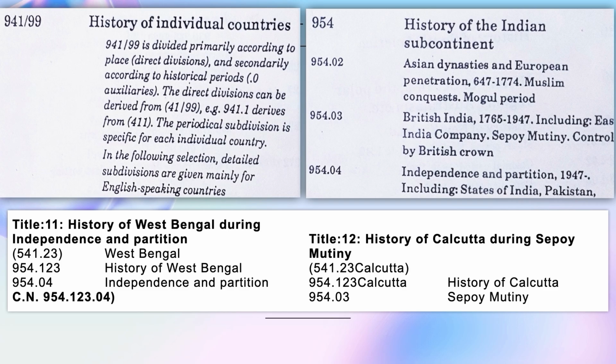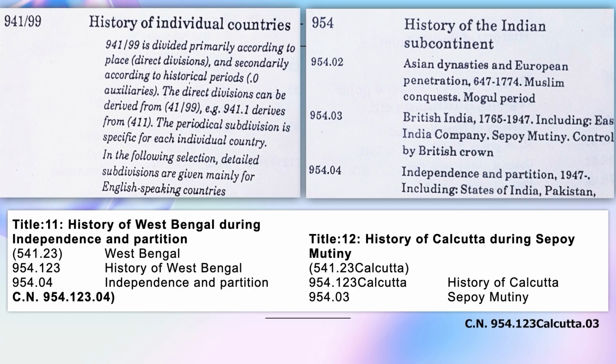And you see the special auxiliary under 954, that is 0.03 for British India, including East India Company, Sepoy Mutiny, etc. So we can use this special auxiliary for the history of Calcutta. So the final number will be 954.123 CALCUTTA.03.